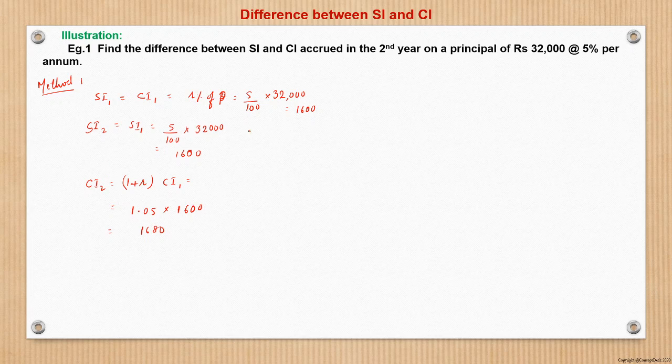So what is the difference between the simple interest and compound interest accrued in the second year? We had to find CI2 and SI2, that is 1680 minus 1600, that is 80 rupees is the answer. From here we will also derive a generic expression.